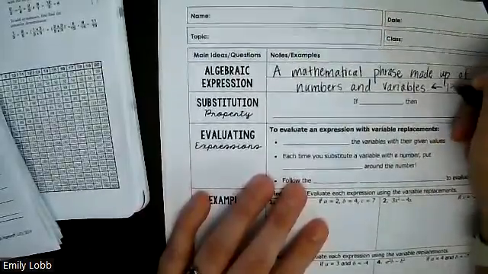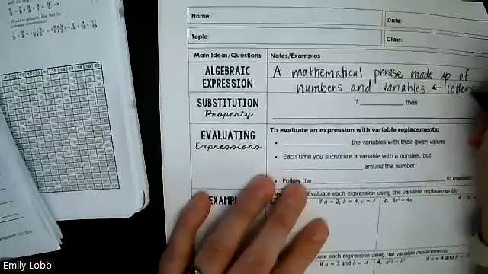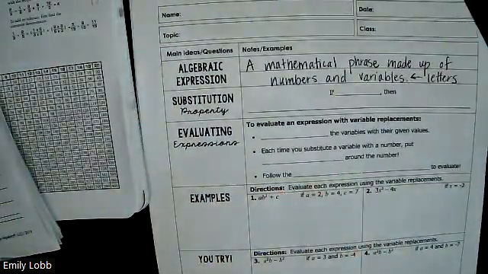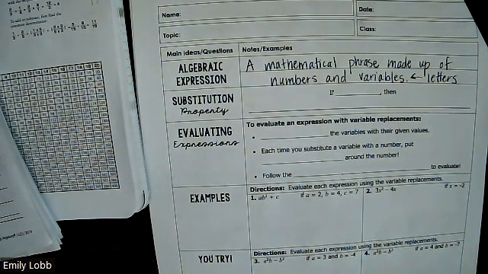Variables are letters. They're unknown. We don't know what they are until we do. So an algebraic expression is a mathematical phrase made up of numbers and variables. Those variables will be represented by letters.